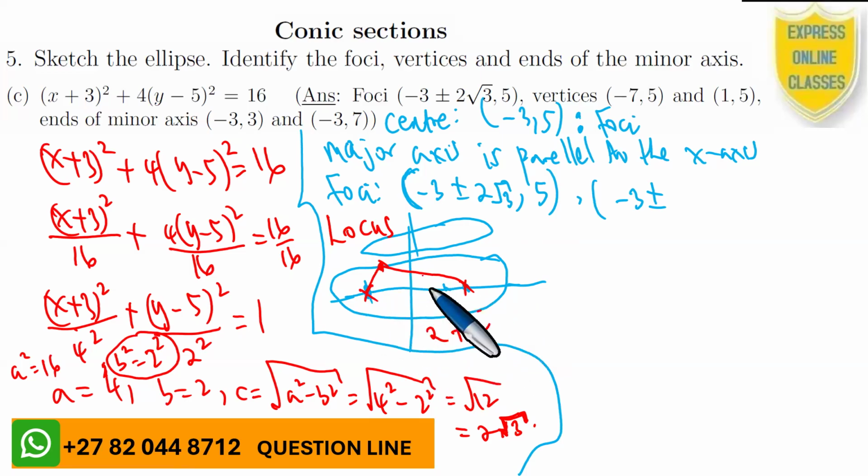So now you'd have the two foci, and if you put a rope, a string, and then you move it around like a band, you can trace the shape. And these 2 points are called foci.